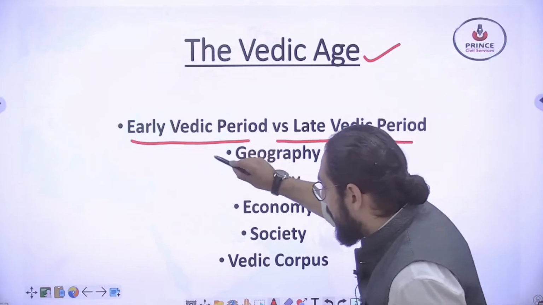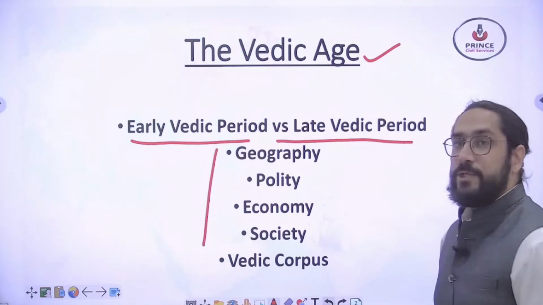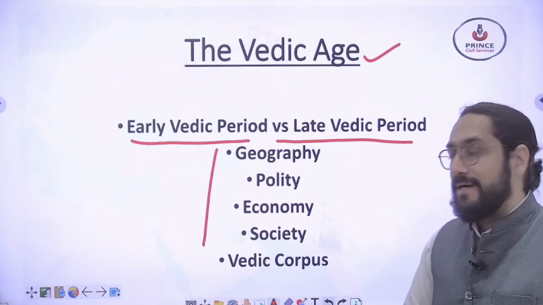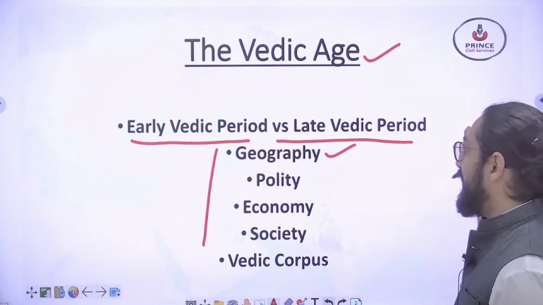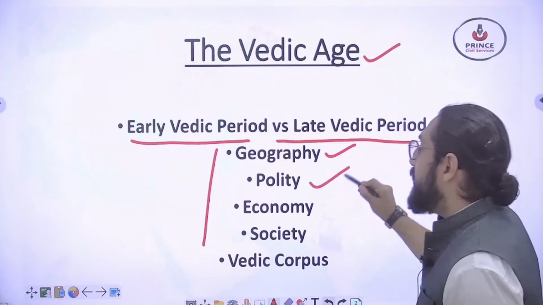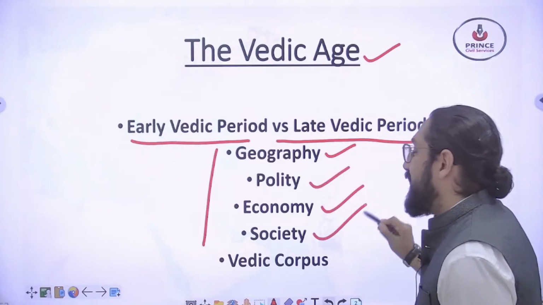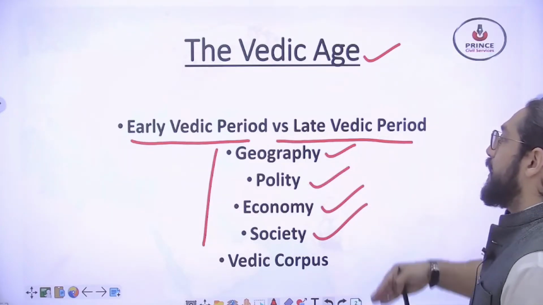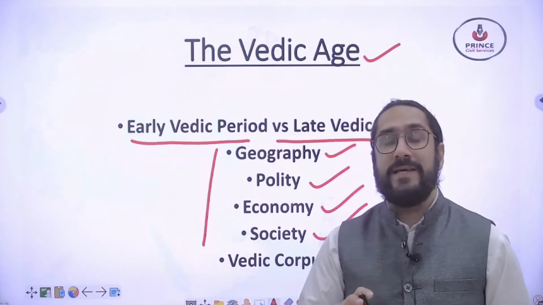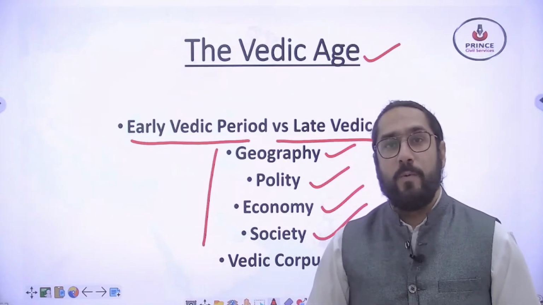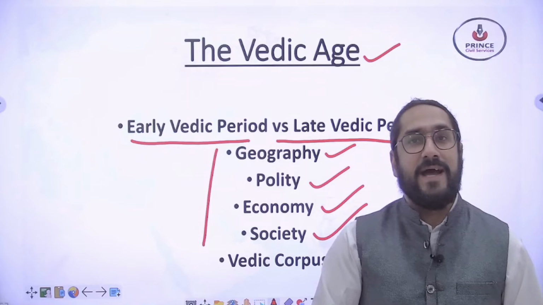These are the aspects you need to learn: the geography of the early Vedic period and late Vedic period, and the polity, economy, and society of the early Vedic period versus the late Vedic period.